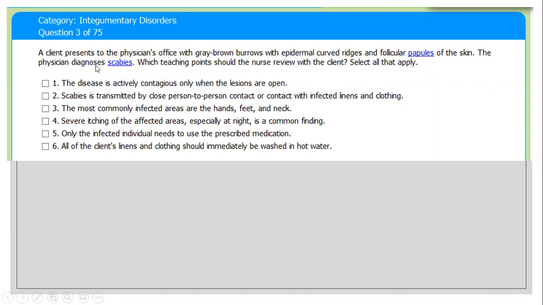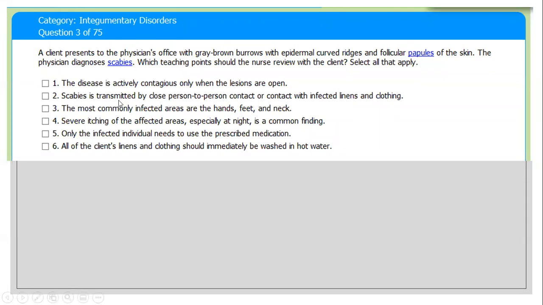The physician diagnosed the patient with scabies. Which teaching points should the nurse review with the client? Select all that apply. Number 1, the disease is actively contagious only when the lesions are present, open.